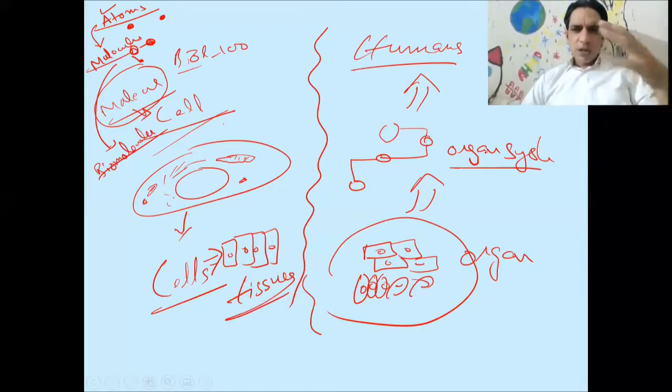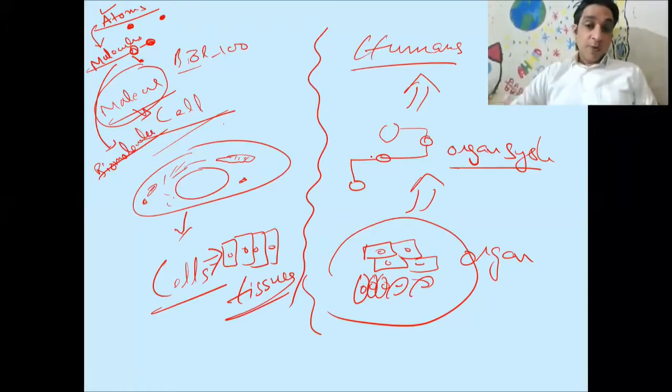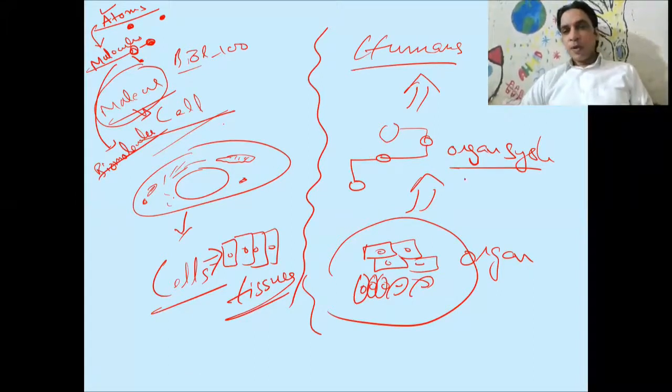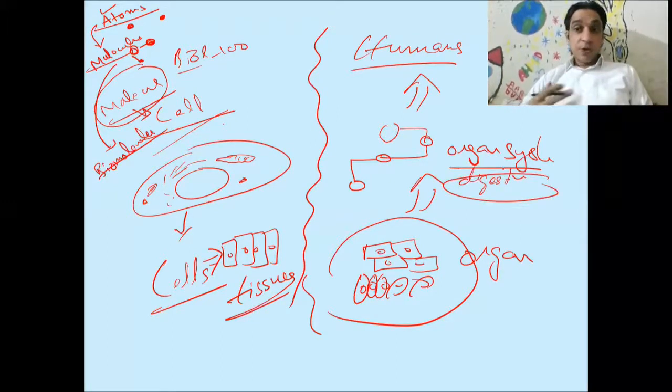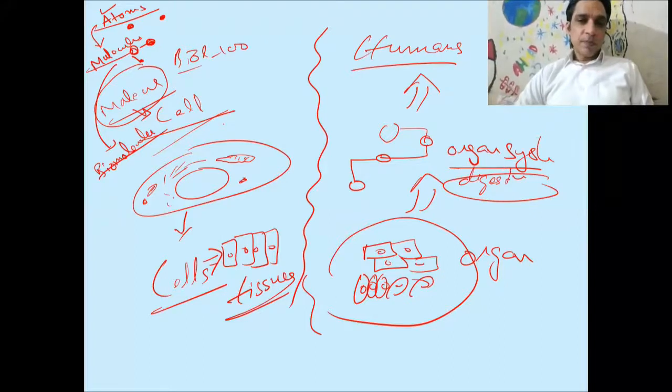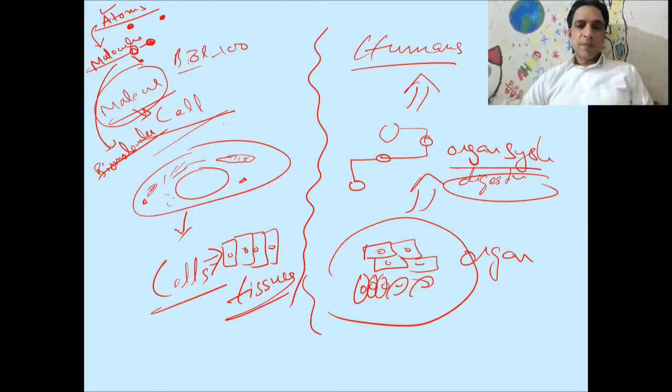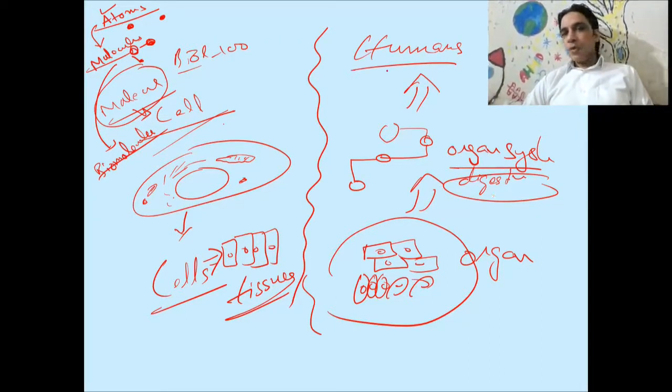You can recall some of the organ systems which are very famous. Digestive system, respiratory system, excretory system, and many others. So humans are the collection of these different types of organ systems.